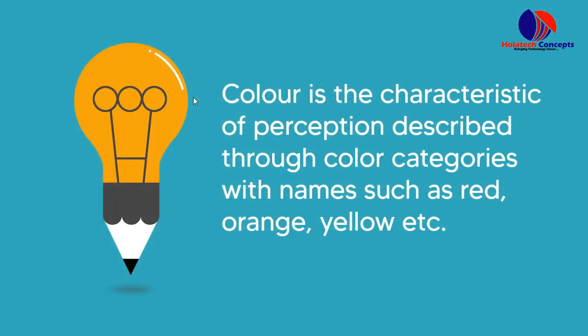So what is color psychology? Before we dive straight into that, we've got to talk about what color itself is. Color is the characteristic of perception described through color categories with names such as red, yellow, etc. Those are some basic colors that we use. So color is just a characteristic of something.